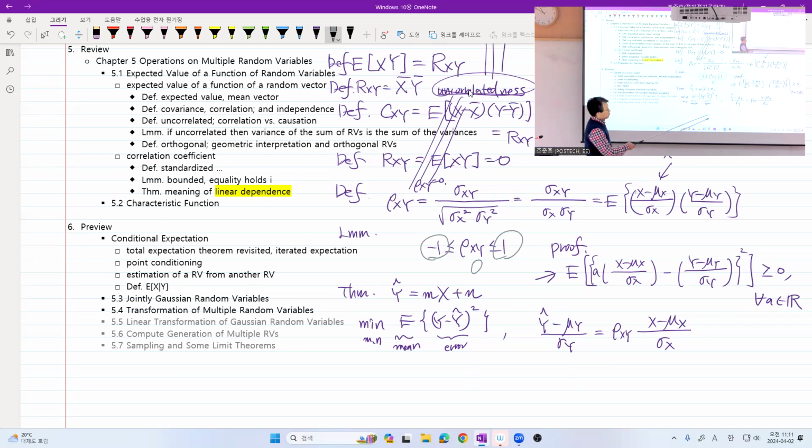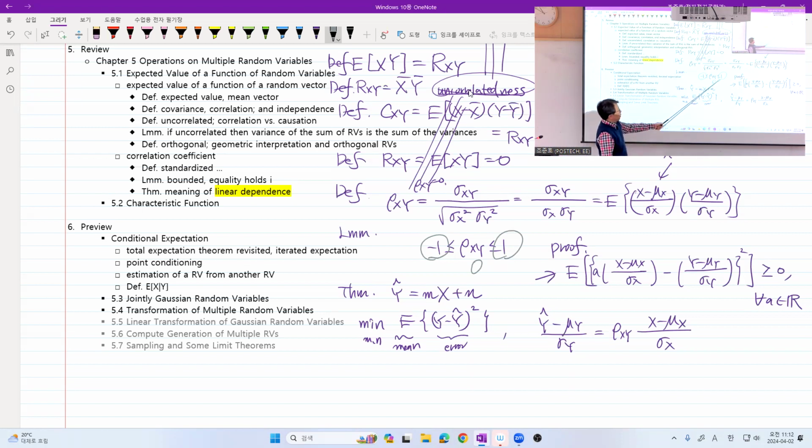What if the correlation coefficient is 0? What does that mean? Here, the value m is 0. So Y hat is not a function of X when the correlation coefficient is 0. So you cannot find a good affine approximation. It's just a constant, Y hat equals some constant. That is the only good approximation when the correlation coefficient is 0.